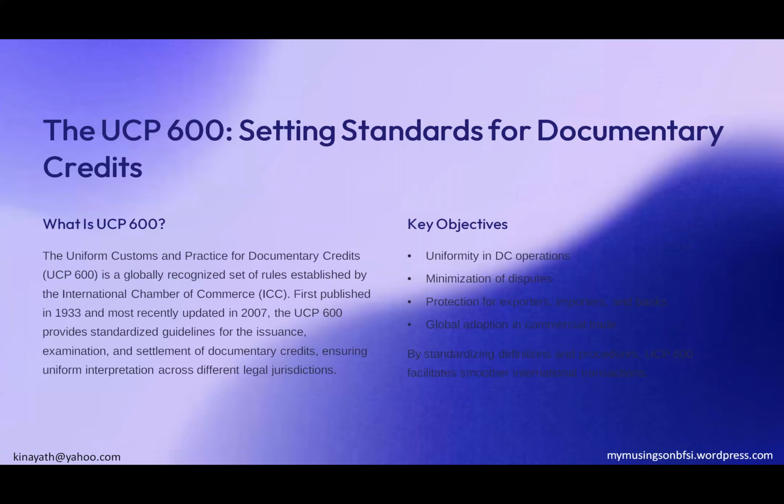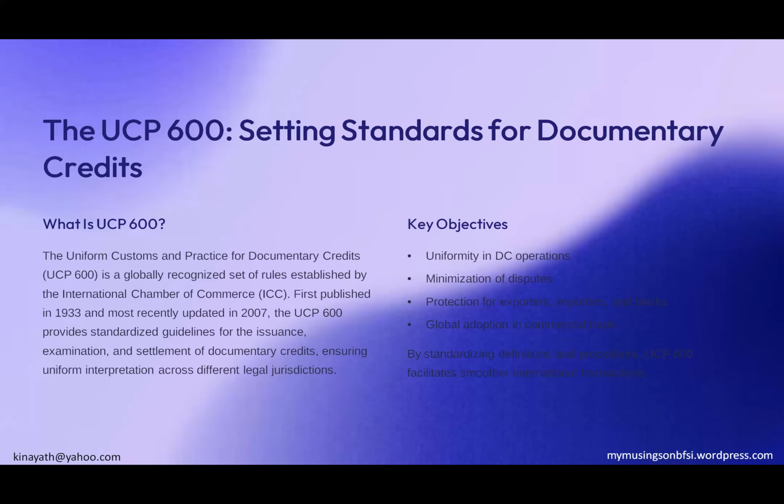The UCP 600 is a globally recognized set of rules published by International Chamber of Commerce, ICC, Paris. It provides standardized guidelines for operation of documentary credits. UCP 600 ensures uniformity in interpretation and enforcement across jurisdictions.